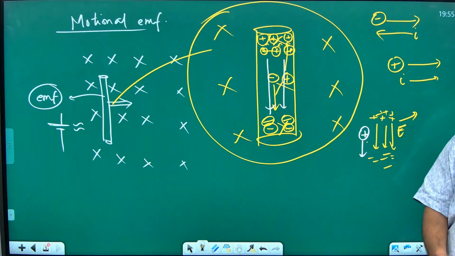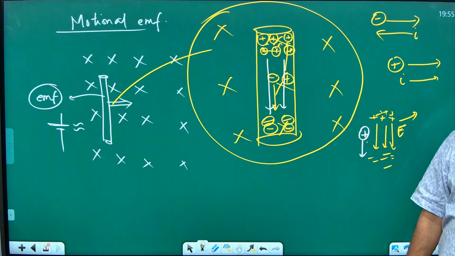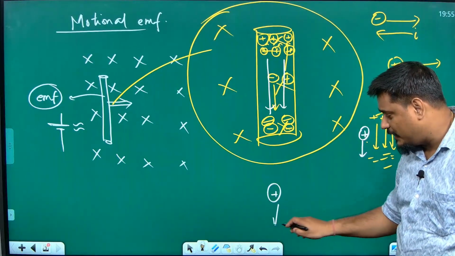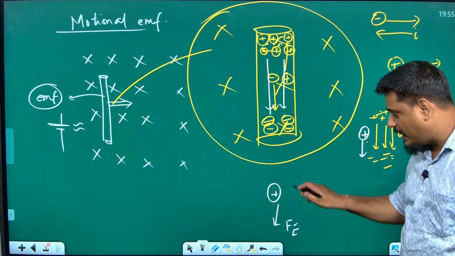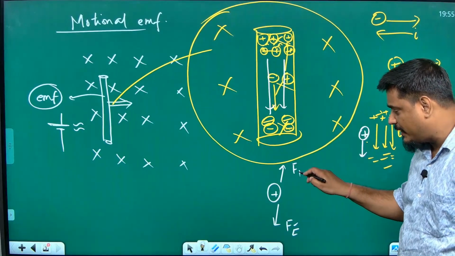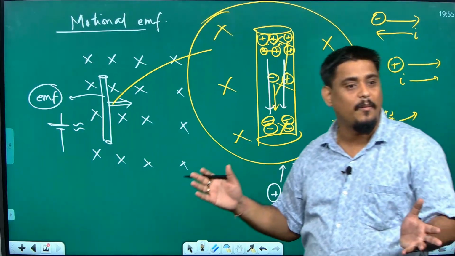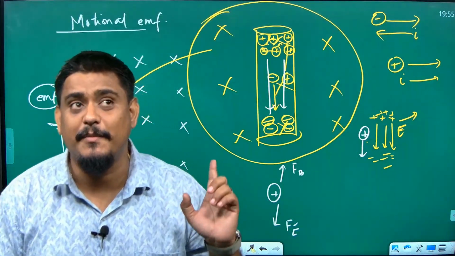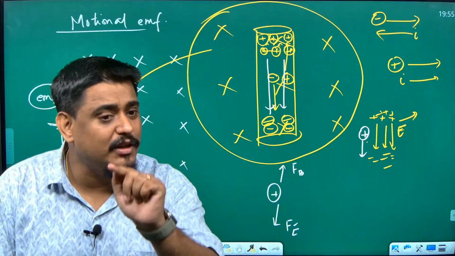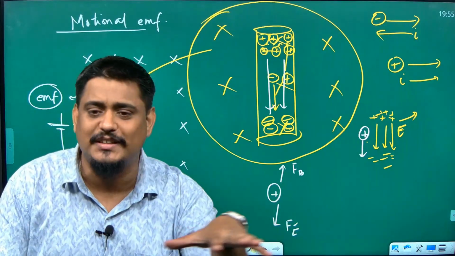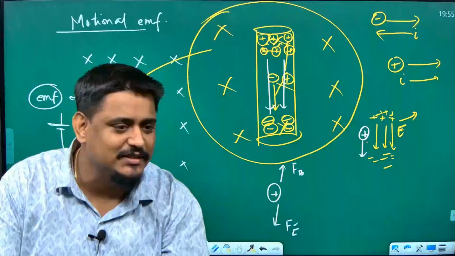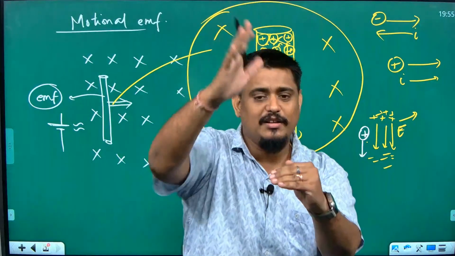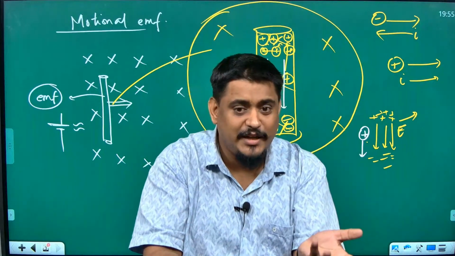A point will come when the force acting downwards by the electric field and the force acting upwards by the magnetic field become equal. That is called the equilibrium condition, after which no further charge will travel upwards or downwards, because the force acting on it upward and downward is the same, so it won't move.